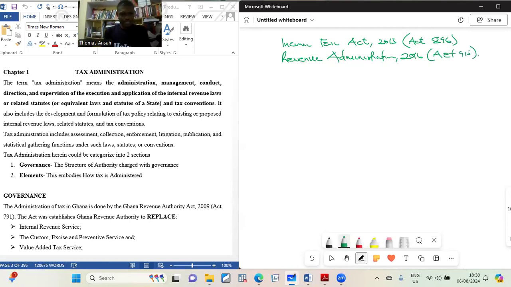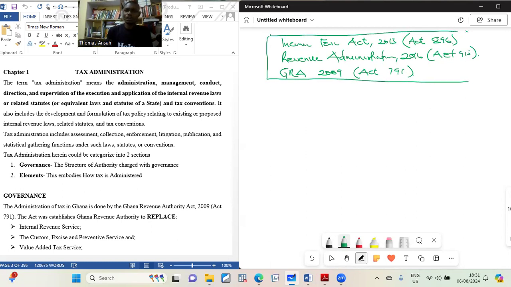Then because we are learning tax administration, a little must come from the Ghana Revenue Authority Act, issued by our late President Atta Mills in 2009, Act 791. So for now, these are the acts that we are going to use for tax administration.